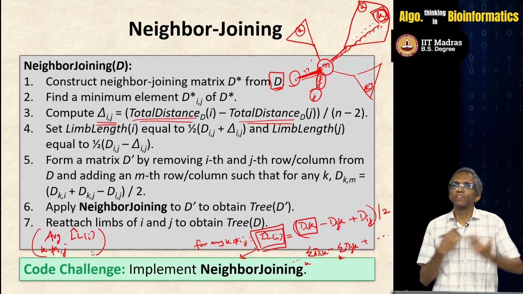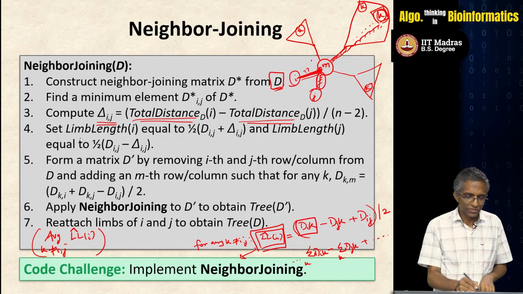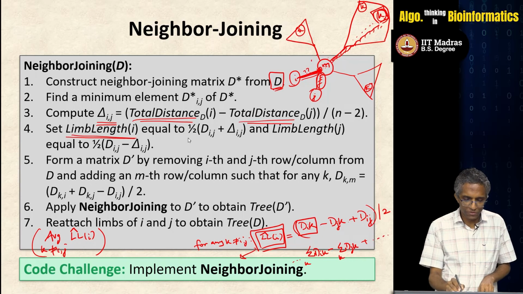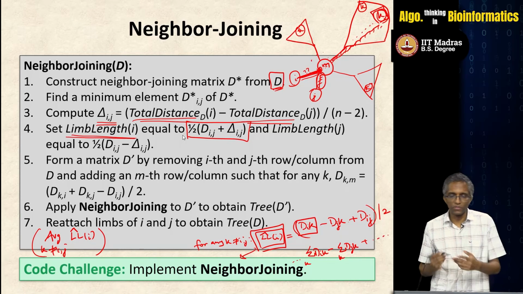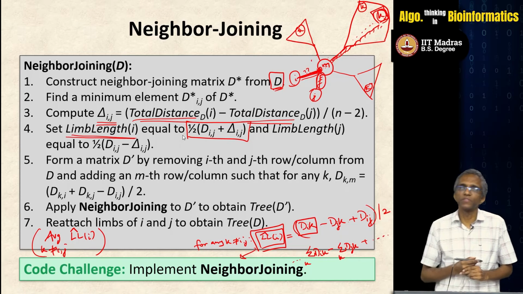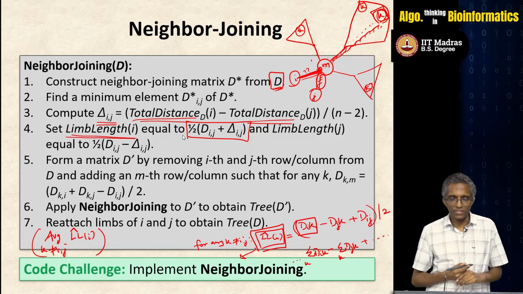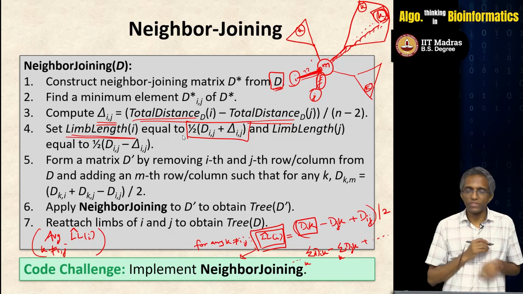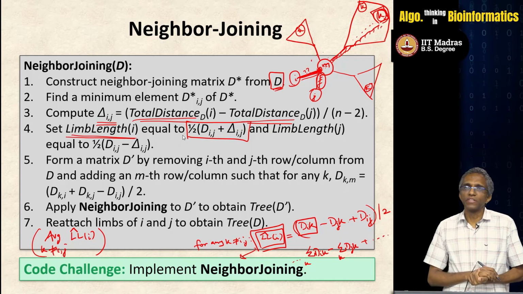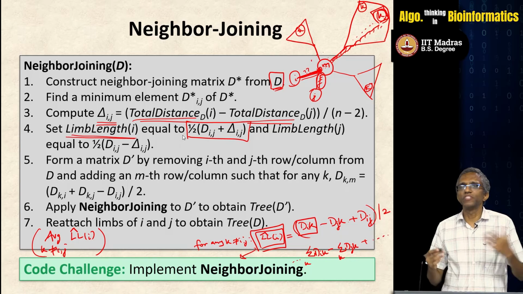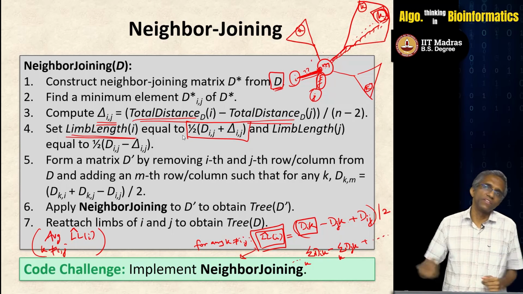You just take the average of all those estimates and treat that as your limb length of i, and that is equal to half of d i j plus delta i j. Okay. In a similar manner, you can also get the limb length of j. It is just a similar argument. This is the reason that neighbor joining works even if D is not additive, and it is taking a very robust estimate, that is in some sense the average across all the violating leaves.